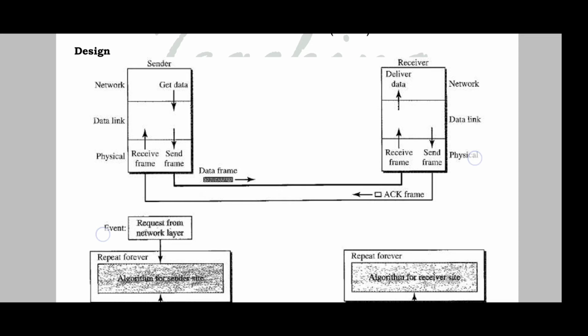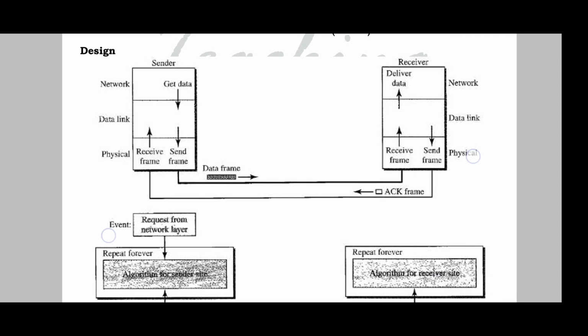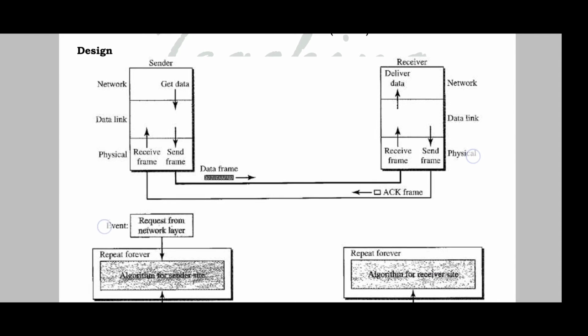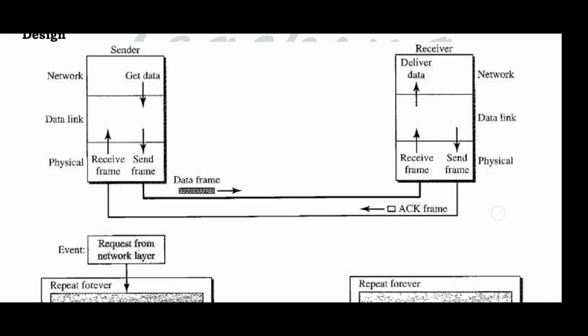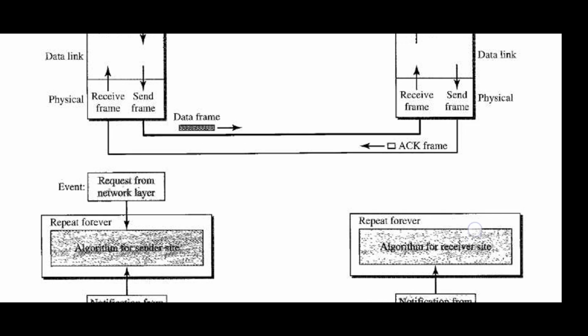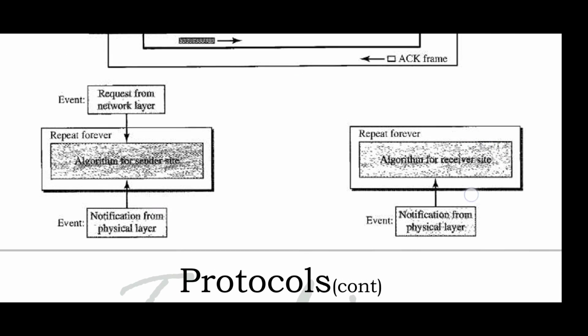So we therefore call it a half duplex link. So this is almost a half duplex link. We have discussed this, so this is the only difference there. Data frames are sent from sender to receiver, and the acknowledgement frame from receiver to sender.